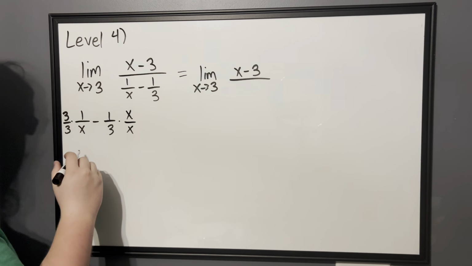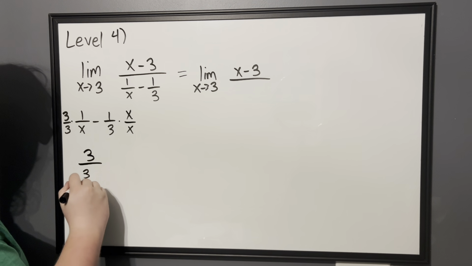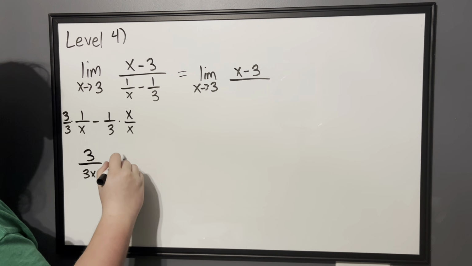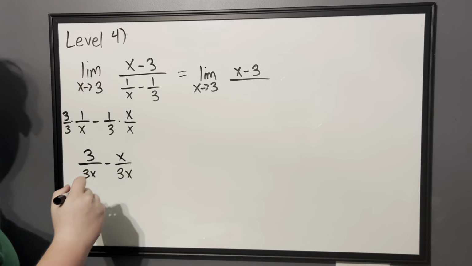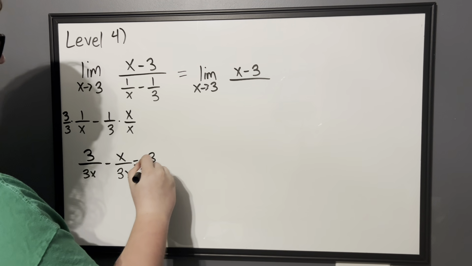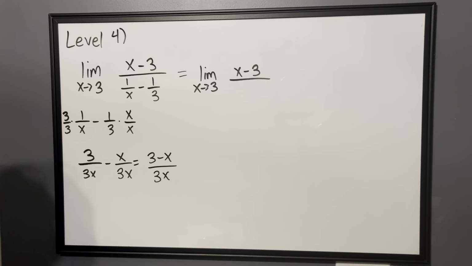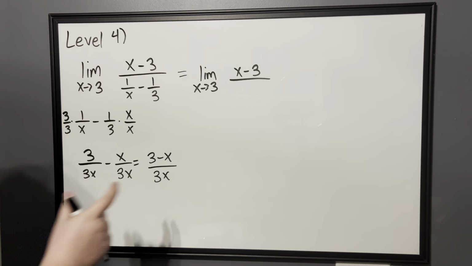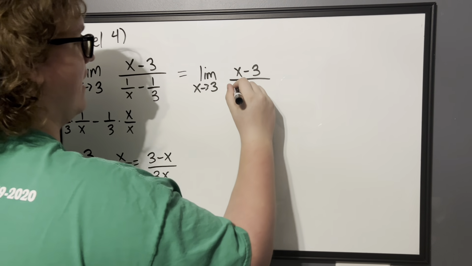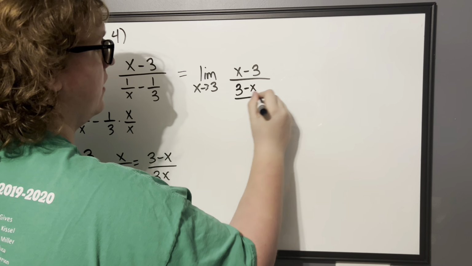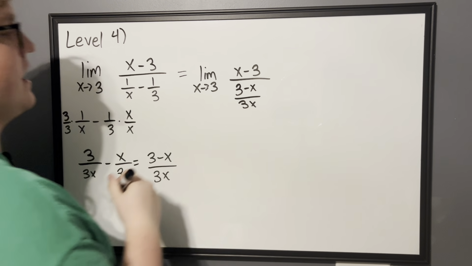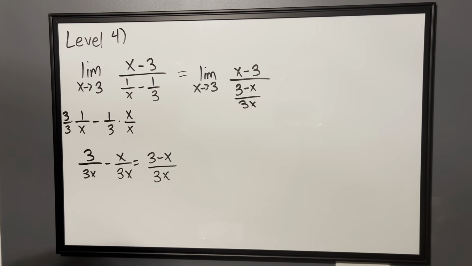Now when we do that, we're going to get 3 over 3x minus x over 3x. So what we'll have is 3 minus x over 3x. Okay, so now this is what our bottom has turned into. So we're going to have 3 minus x over 3x. So now what we're going to want to do is we're dividing by a fraction.